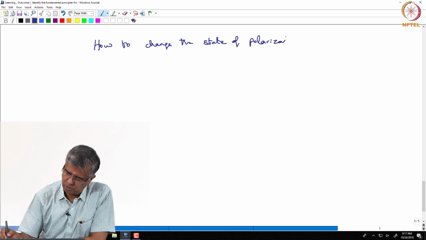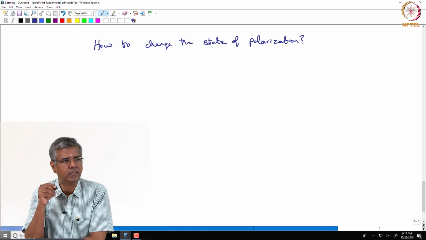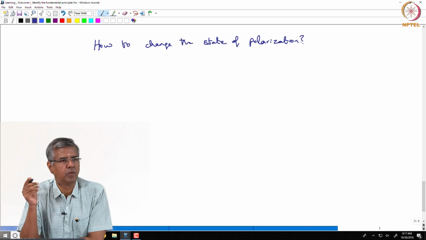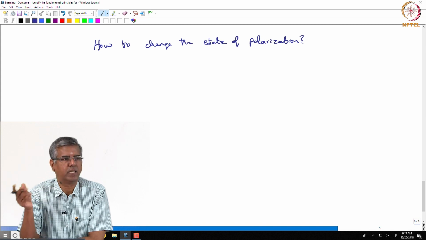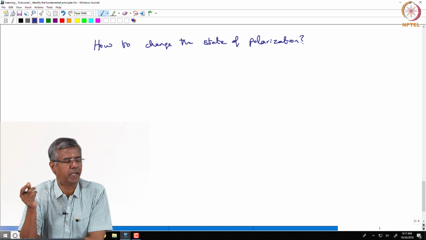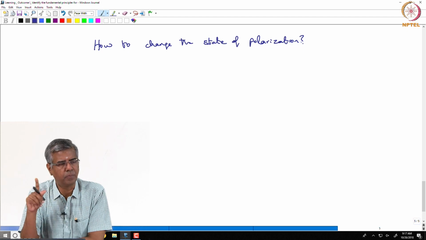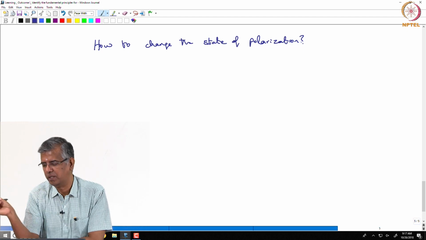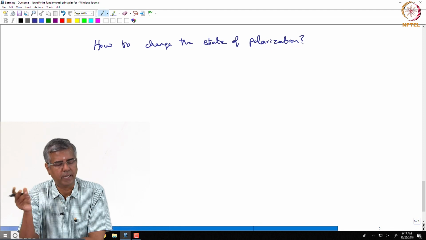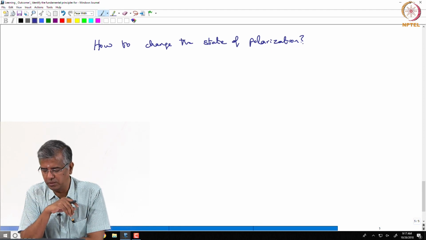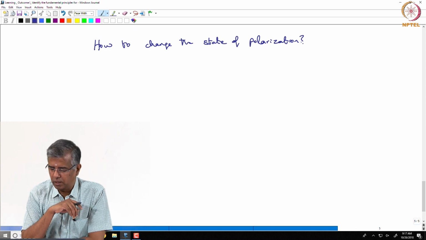Is it possible to convert, say, linear polarization to circular polarization, or can we rotate the polarization of light? If you have a linear polarization at a particular angle, can you rotate it to 90 degrees and so on? So, how to change the state of polarization of light?